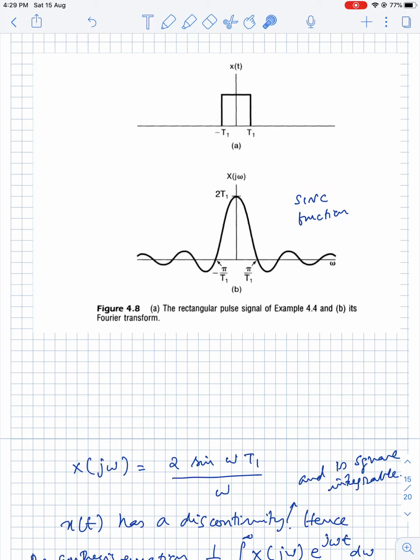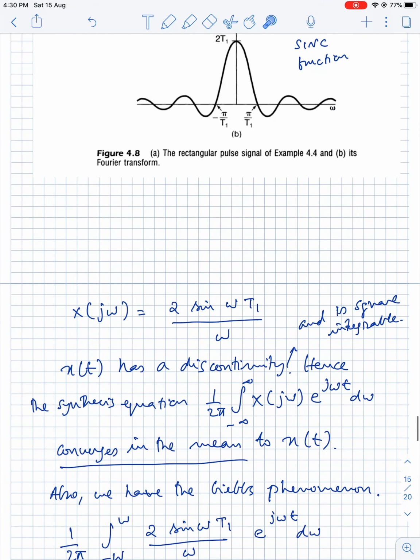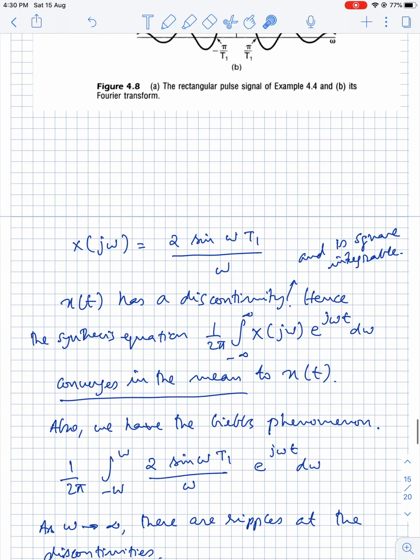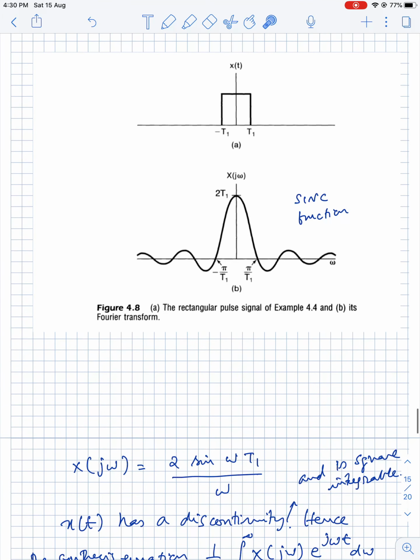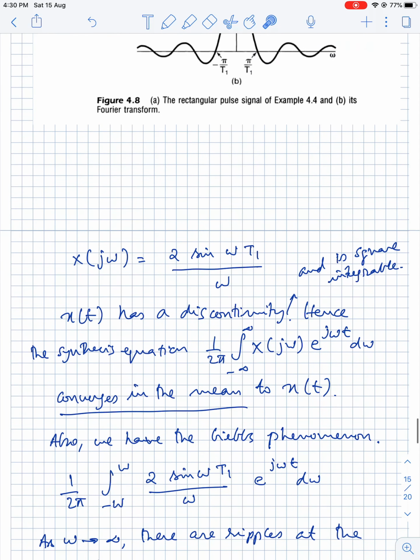But of course, now x of t is not a continuous function. It has a discontinuity at minus t1 and plus t1. So if you want to synthesize your x of t from these sinc functions using the inverse Fourier transform, or the synthesis formula, how does it come back to x of t?